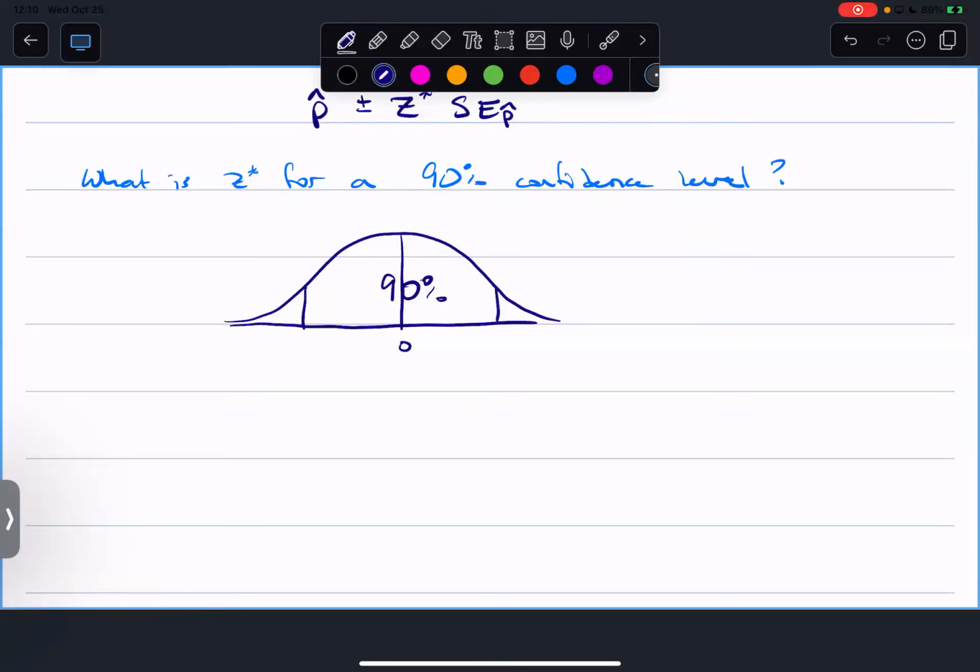Which means that I have 10% left over, but it's evenly spread out in the tails, which means that I have 0.05 here and 0.05 here. If I can find this negative Z star, by symmetry, because it has to be the central 90%, I also have the positive Z star, which makes sense. That's where the plus minus came from in our formula.